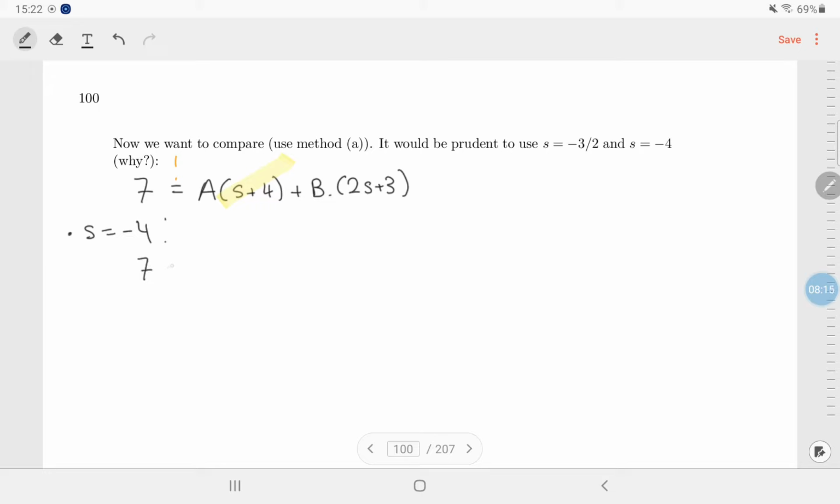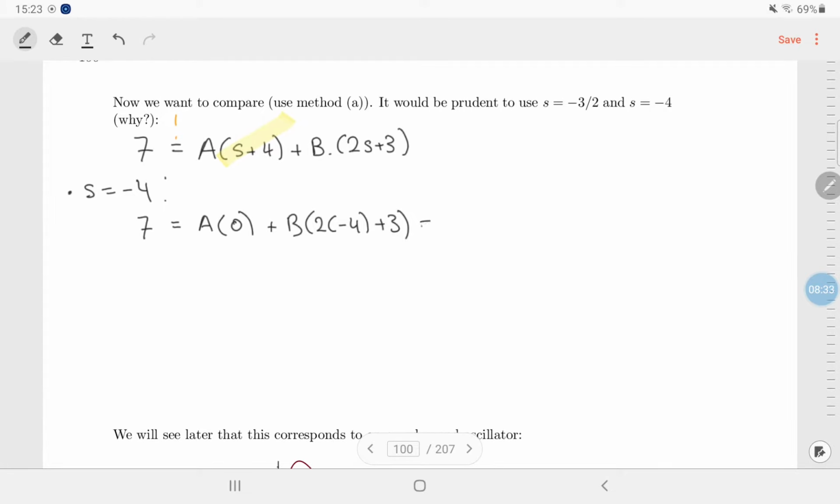We get 7 is equal to A times (-4 plus 4), which gives me 0, plus B times (2 times -4 plus 3). And what's A times 0? Well, that's just 0. So you get 7 is equal to B times (-8 plus 3), which is B times -5.